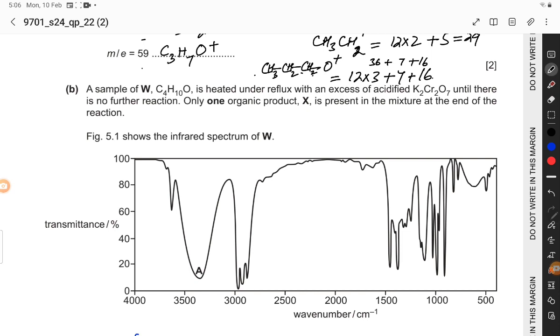So this is an alcohol peak, this one between this and this is the alcohol peak.